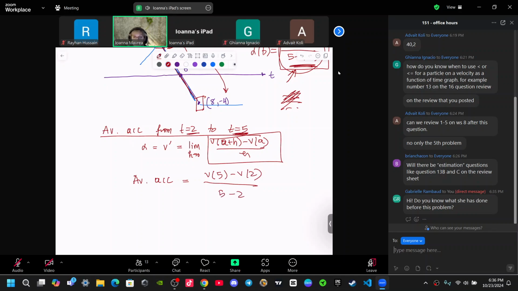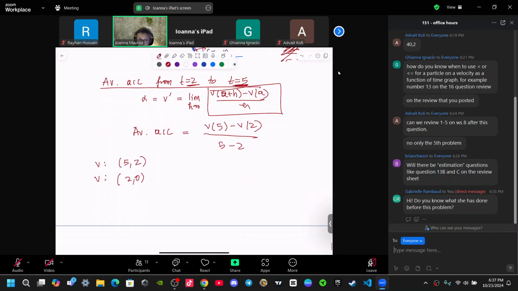I'm assuming you should be able to tell exactly what the y coordinate is on the graph of the velocity when the t coordinate is 5. Hopefully that's something you can tell from the graph. You know on the graph of v there's a point with coordinates 5, 2, and a point with coordinates 2, 0. So the graph looks like this.